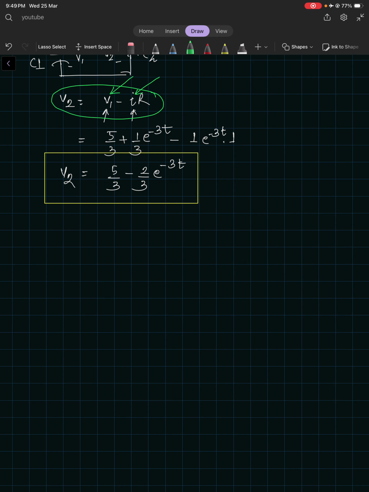V2 was also equal to 1 by C2, integral from minus infinity to t of I dt, which can be written as 1 by C2, integral from minus infinity to 0 of I dt, plus 1 by C2, integral from 0 to t.